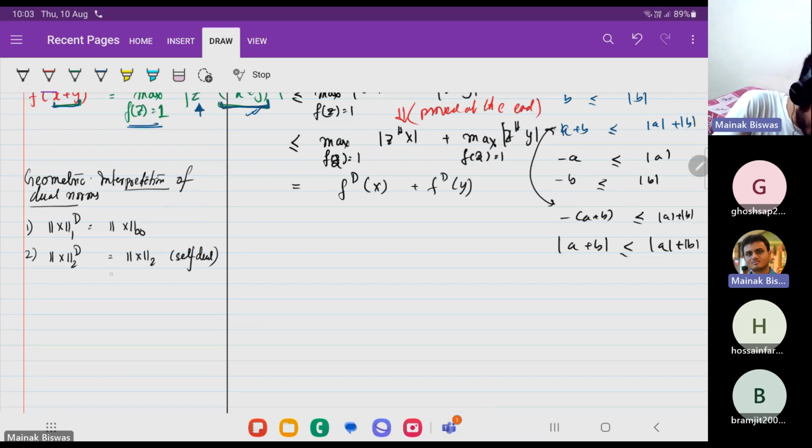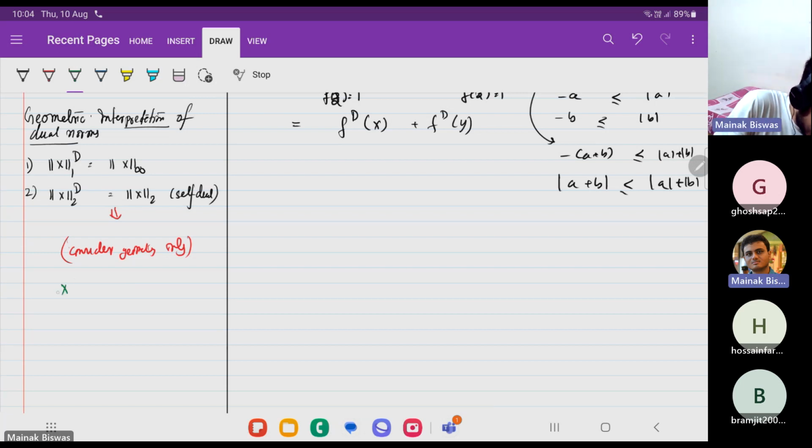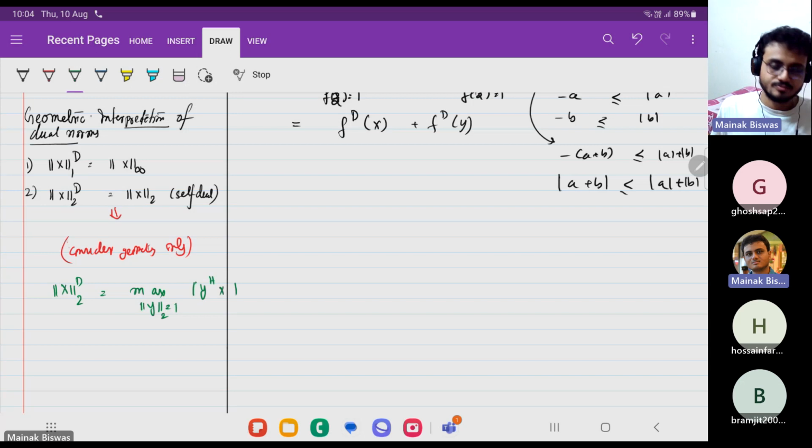Okay, so this is very simple. Can anyone tell me how I will prove that the dual norm of the L2 norm is self-dual? For this part, consider geometry only. Do you agree the dual norm of x is the max over all y of y transpose x, or y Hermitian x, such that the norm of y is equal to 1?